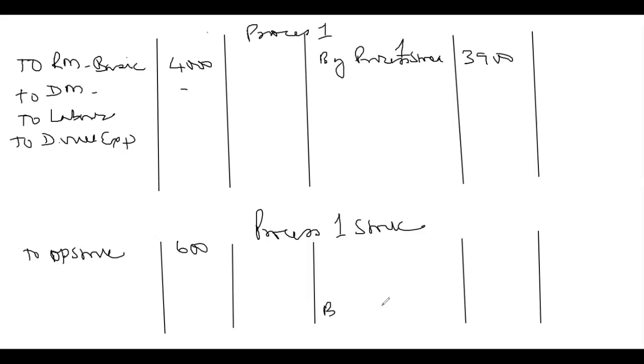By closing stock, by balance, you cannot write by balance carried down, right? Opening by balance brought down 600 and closing is 500. Now from where I am writing, it is from here. The 600, are you able to see the 600?